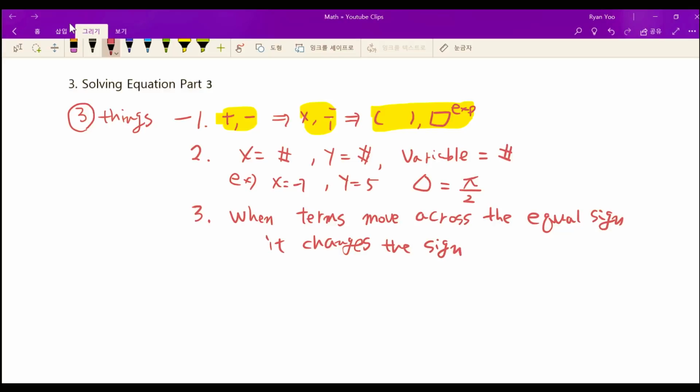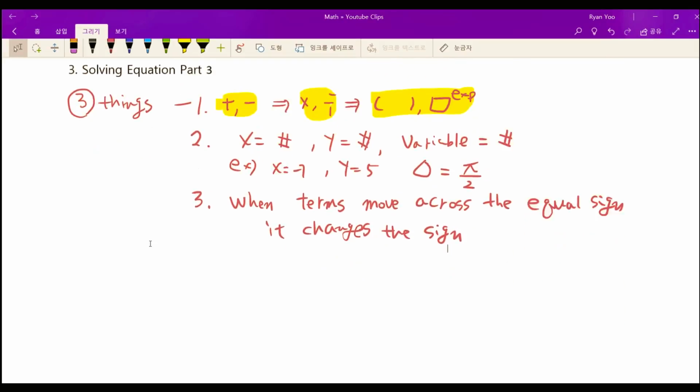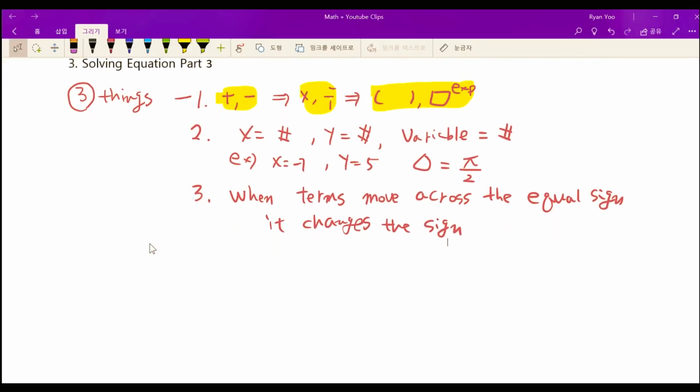So these are the three things that we need to know, and then let me give you an example of what it means so that we are more comfortable.